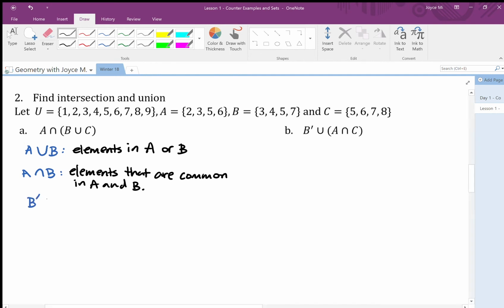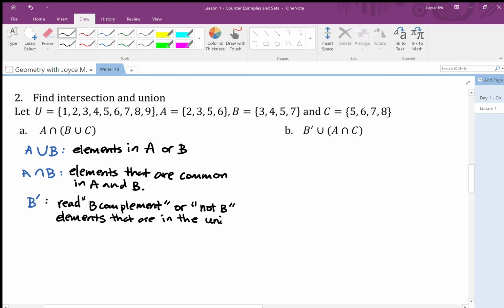You can read this as B complement, or you can read it as not B. In this sense, we look for elements that are in the universe U but not in B. So those are the definitions for union, intersection, and complement.